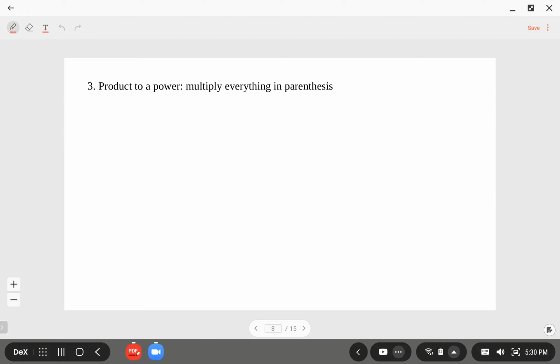Let's say you have two different terms, A and B. A and B are not the same. You cannot combine them. Or let's say 3B. You cannot combine numerals and variables. And that is what you learned in algebra.